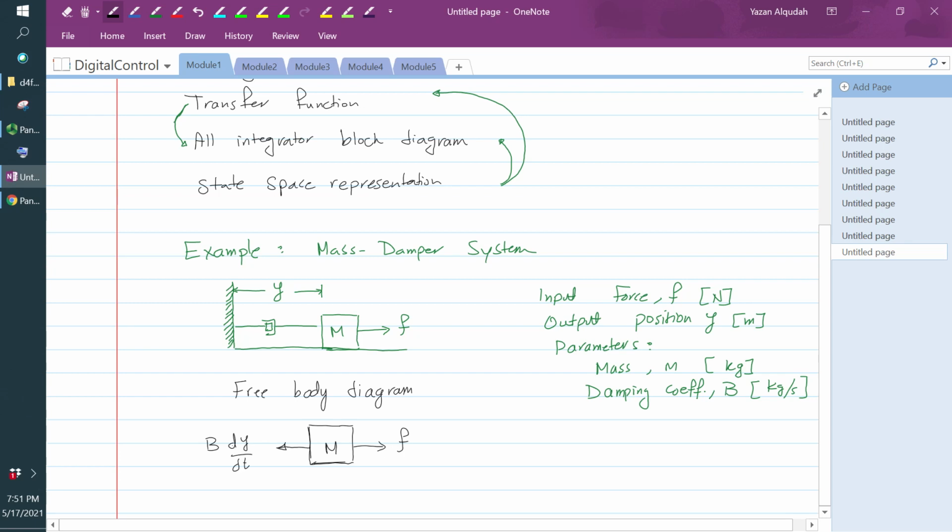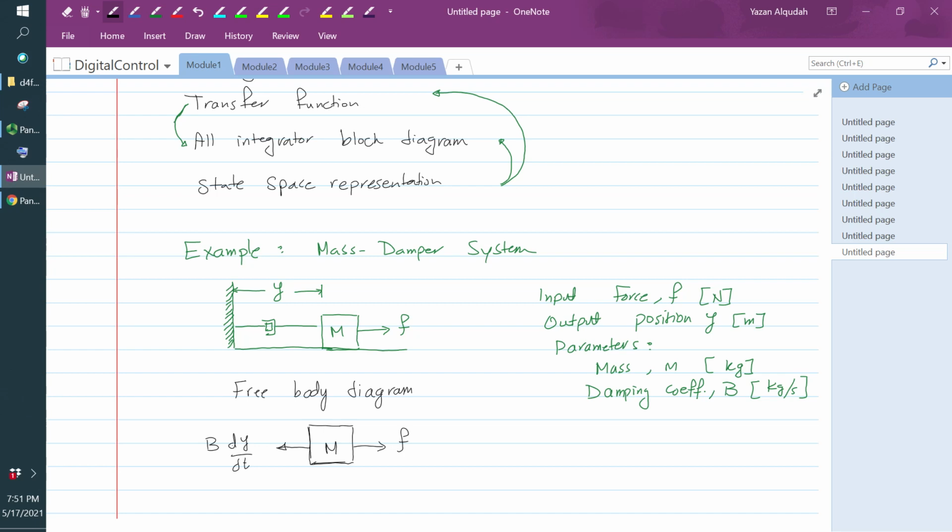So basically this damper is going to try to resist the motion generated by the force, and this resistance is going to be proportional to the damping constant B multiplied by the speed with which we're trying to move the mass.